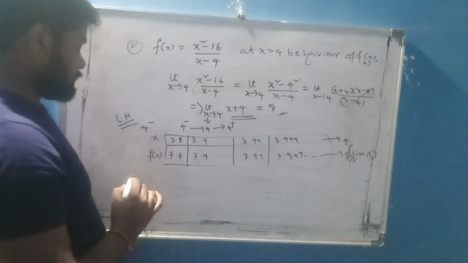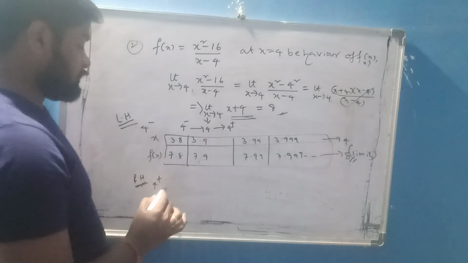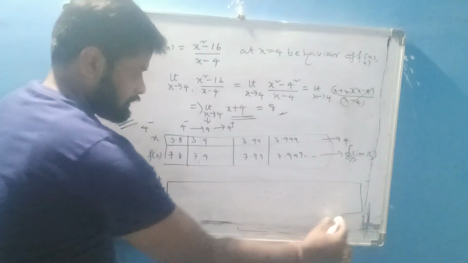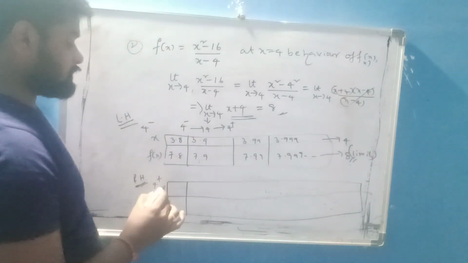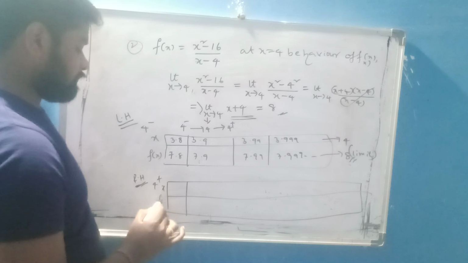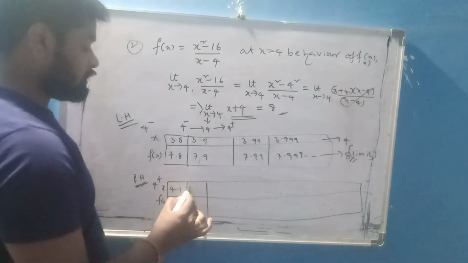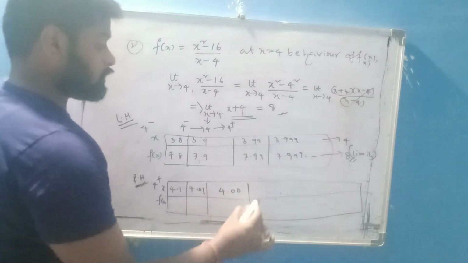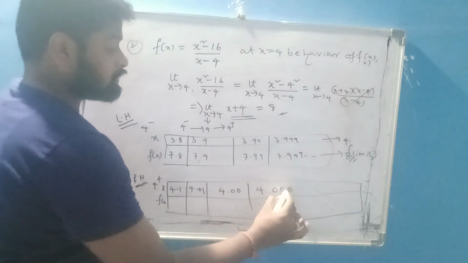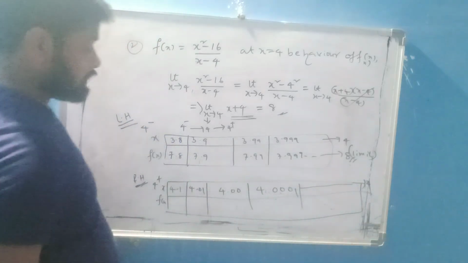Okay. Next, this is right hand. I am taking 4 plus. What are the changes? Please check this. Here 4 plus means here x, here f of x. 4 plus means 4.1, 4.01, 4.001, 4.0001, here nearly equal to 4 only.